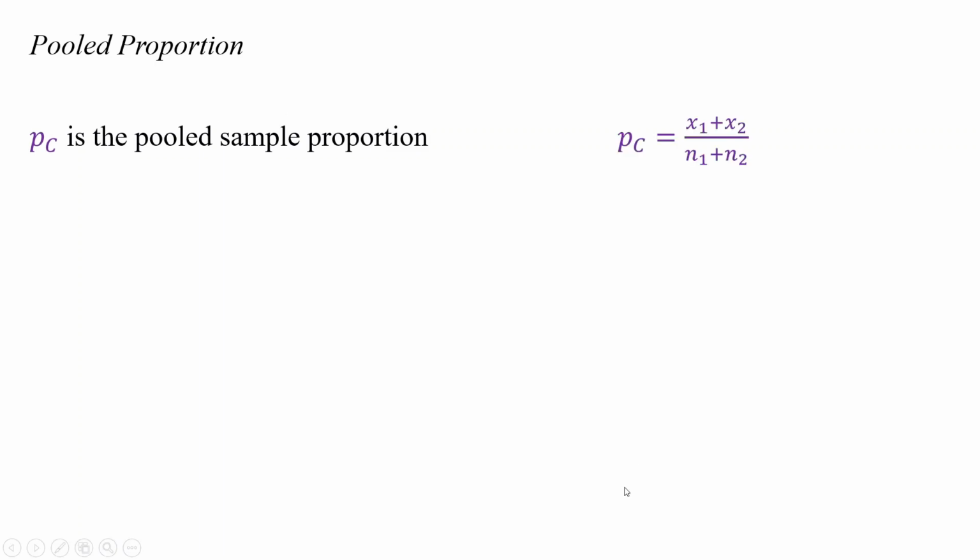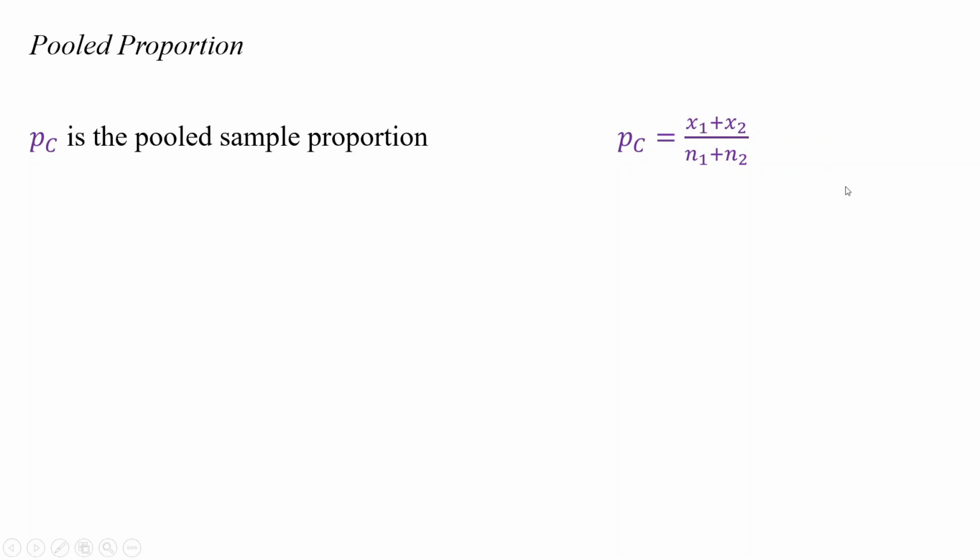What is that P sub C? That is our pooled sample proportion. So that's a new term, pooled. Think of the C as combined. The C stands for combined. The way we calculate it is with this formula: we take our X values from each sample and add them together and divide by both of our sample sizes added together.